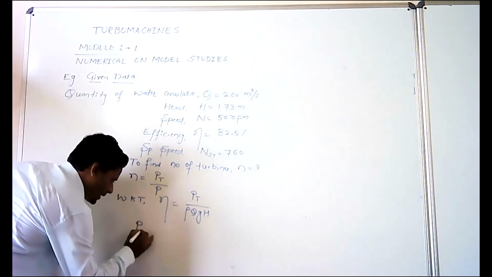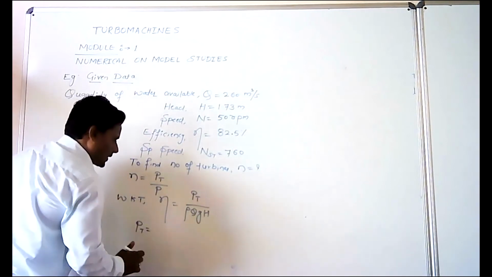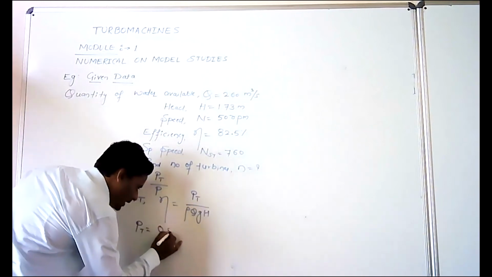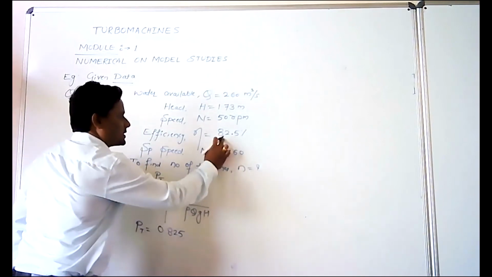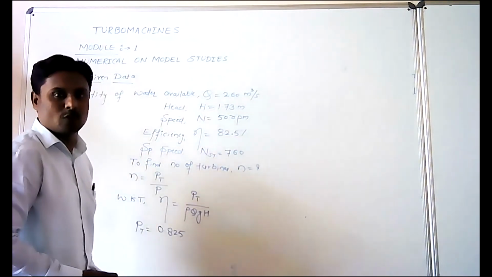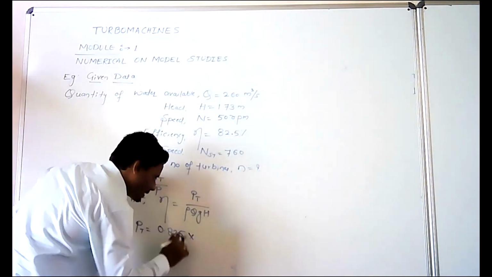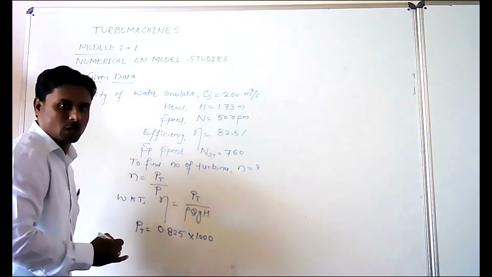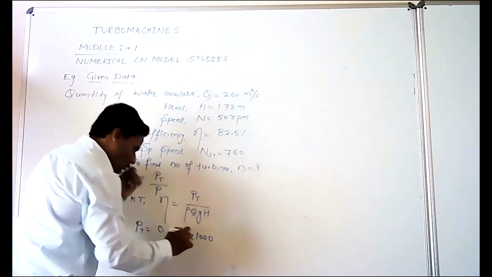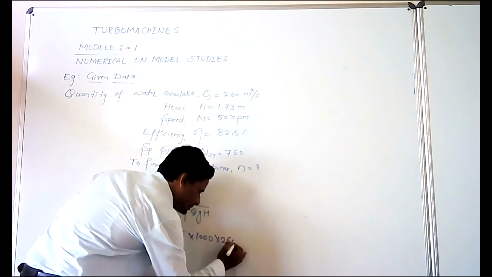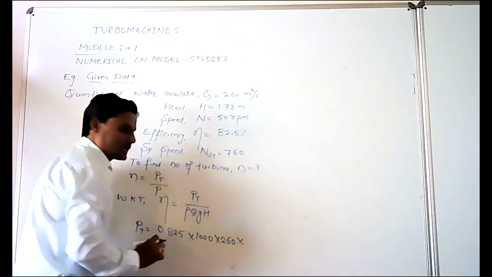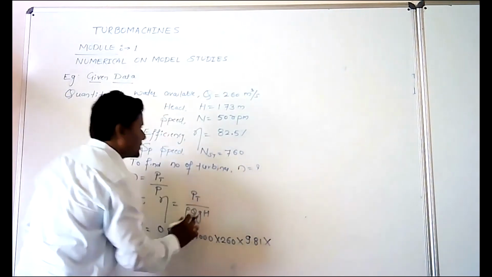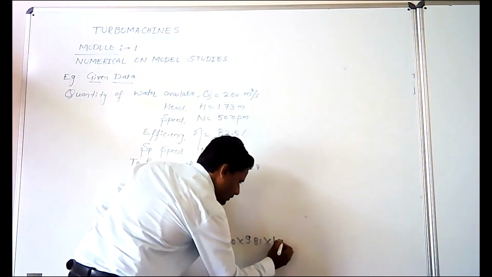So do the cross multiplication. Total power equals 0.825, since the efficiency is 82.5%, into the density of water, rho equals 1000, into Q, the discharge, 260 meter cube per second, into G, acceleration due to gravity, 9.81 meter per second square, into H, which is 1.73.